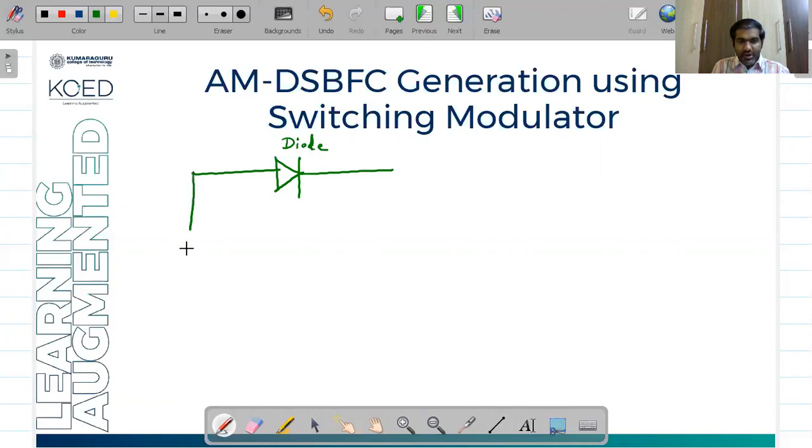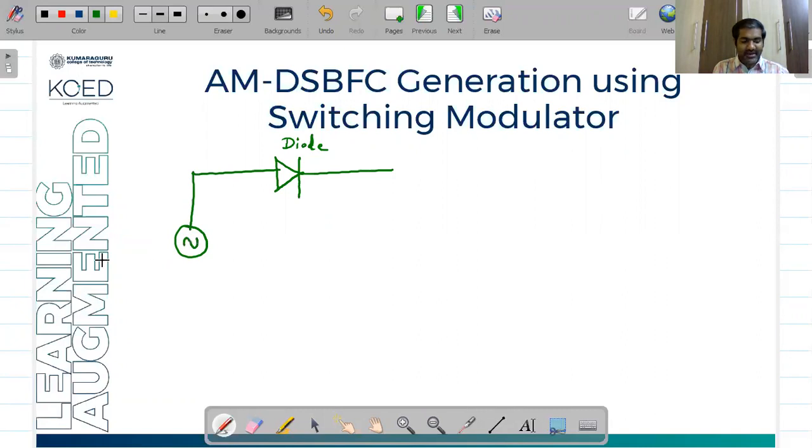For any modulation, you require two inputs. What are the inputs? Message and carrier.